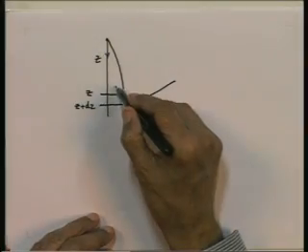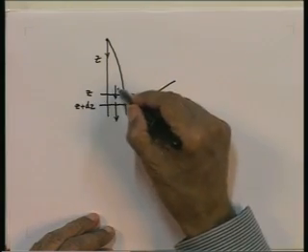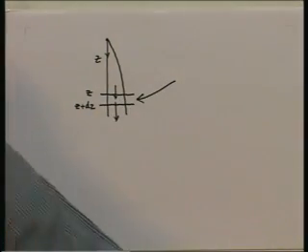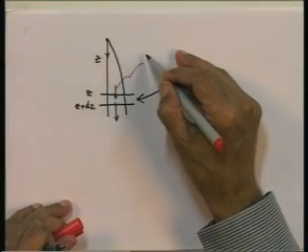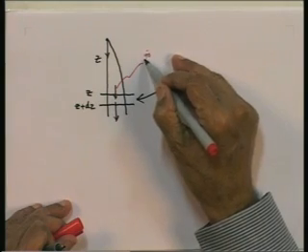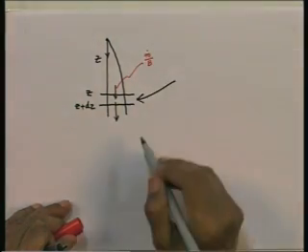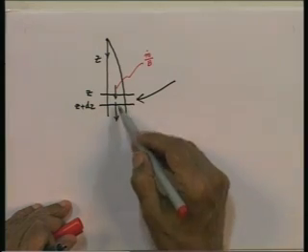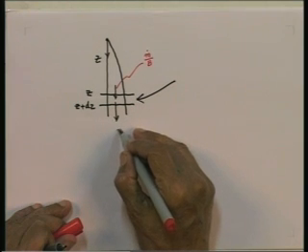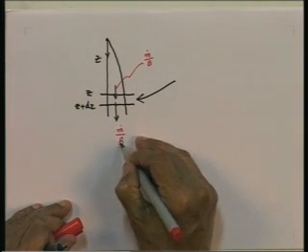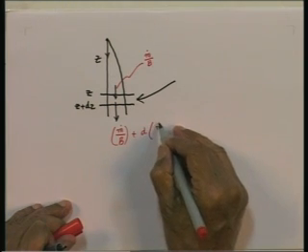Out here at the cross section z, the mass flow rate is m dot by b. Out here at a section z plus dz, you move the distance dz forward, it is m dot by b plus d of m dot by b.